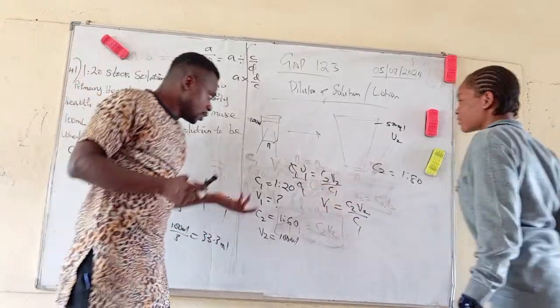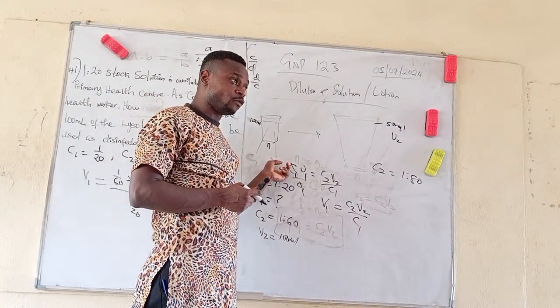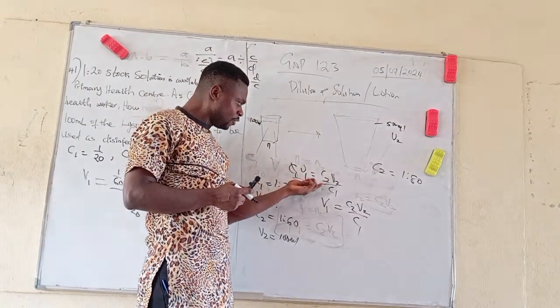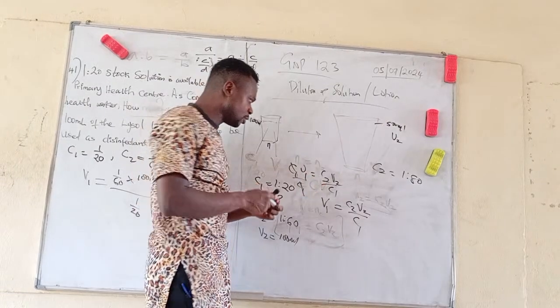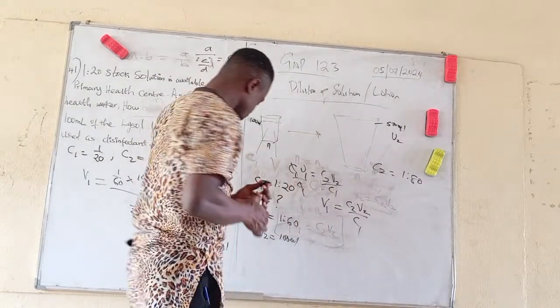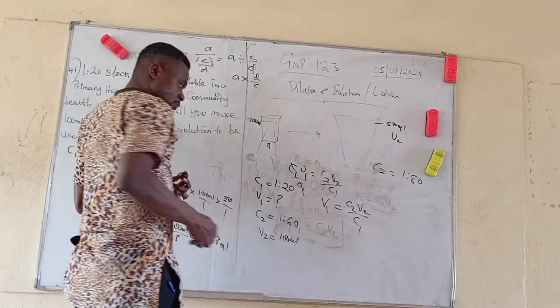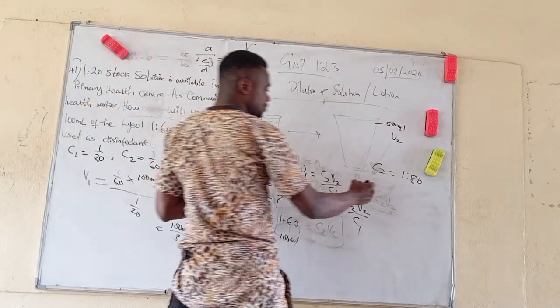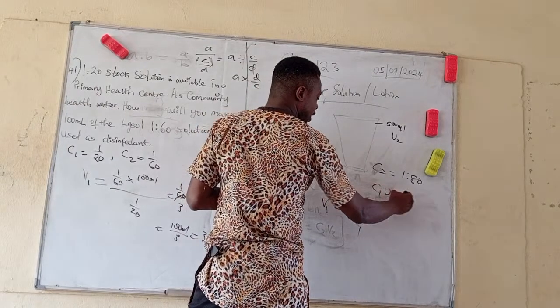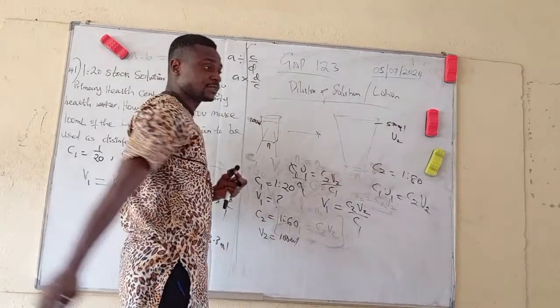Okay, good. But you understood where the actual formula came from. We said that C1 V1 is equal to C2 V2. You understood this, right? Good.